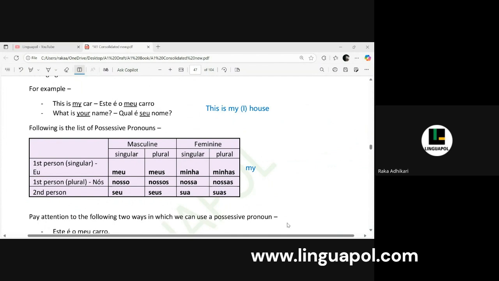So the possessive pronoun will change according to the gender and the number of the object with which we are drawing a relationship with the subject. We will see examples with all these words. So I'll share a new screen for this.